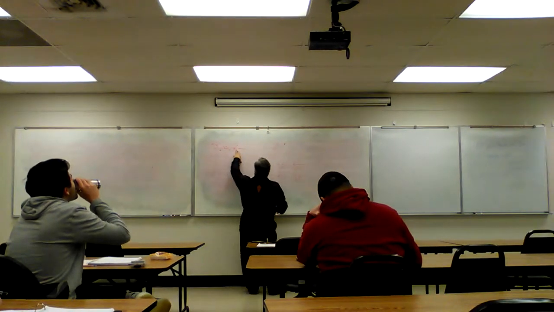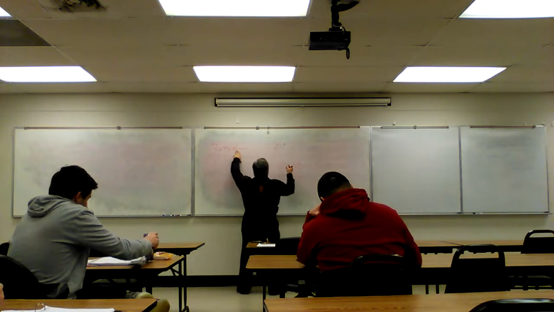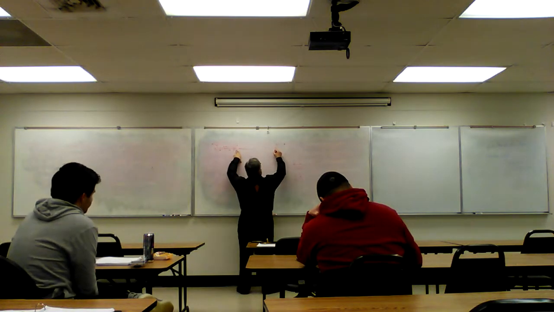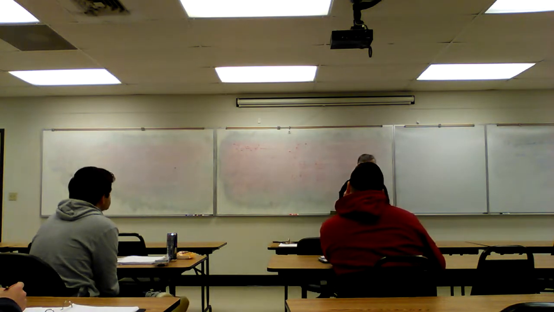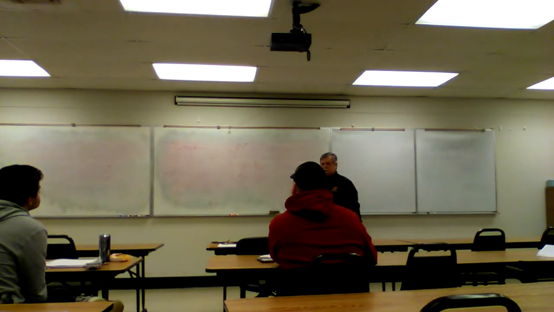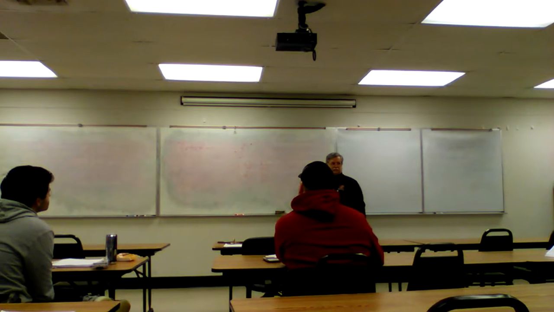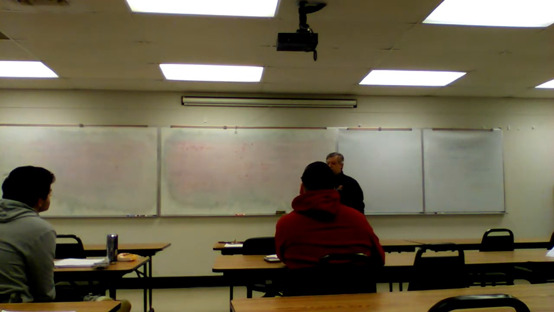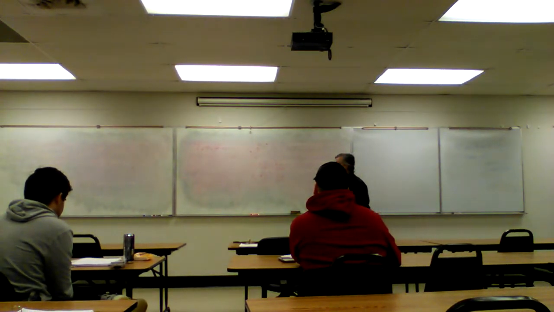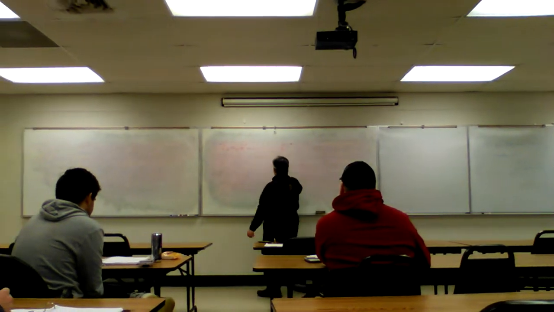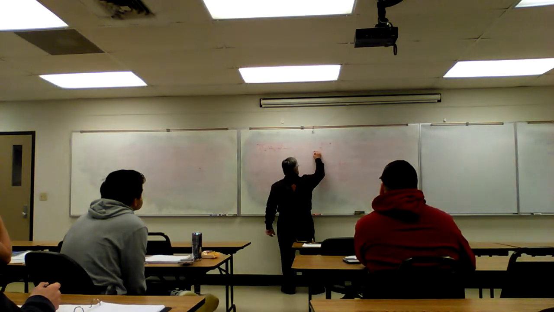Q2 is emanating from the negative, which means it's going in this direction. Now all you have to do is find the magnitude of those two vectors, take the vector sum. Yeah, you subtract. Yeah, you have this E plus this E.